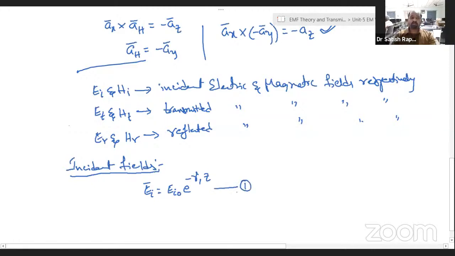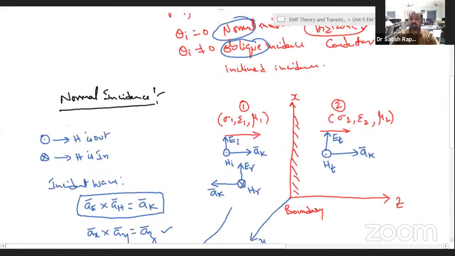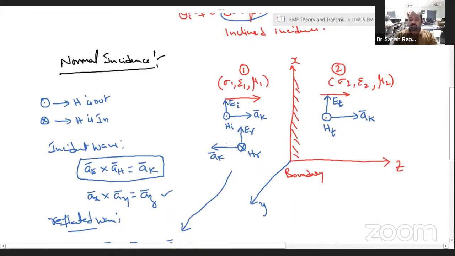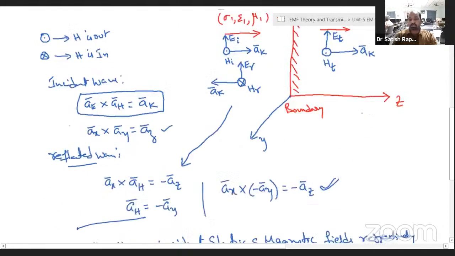The electric or magnetic field can be expressed in phasor form like this, where gamma 1 means the propagation constant in region 1. If you look at this figure, the incident and reflected waves are in region 1, and in region 2 we have the transmitted wave only, right?